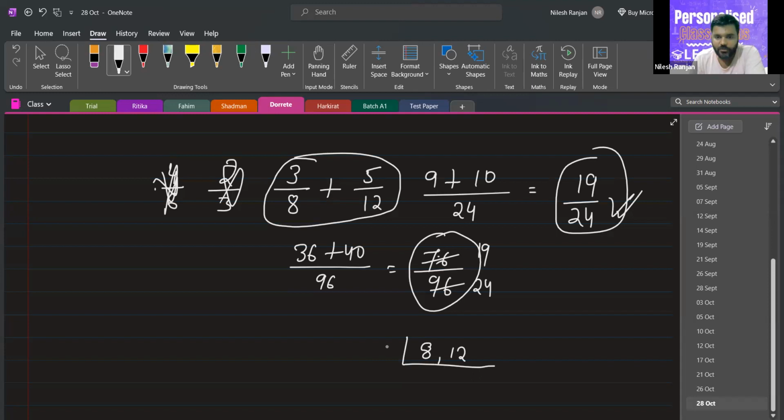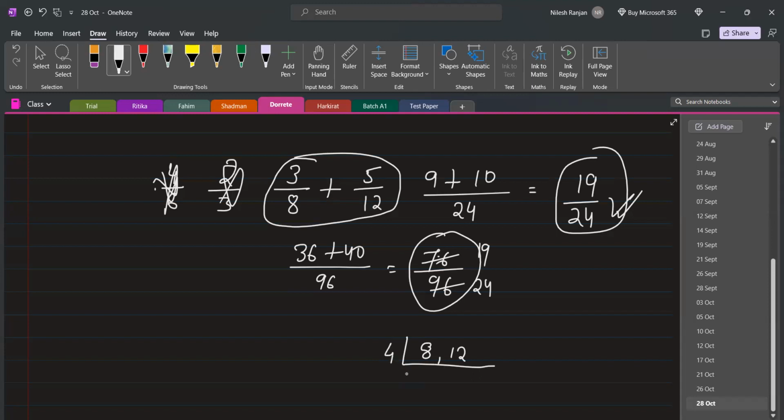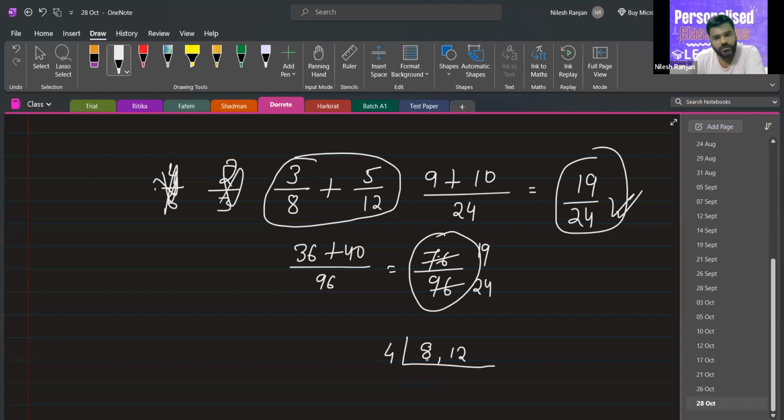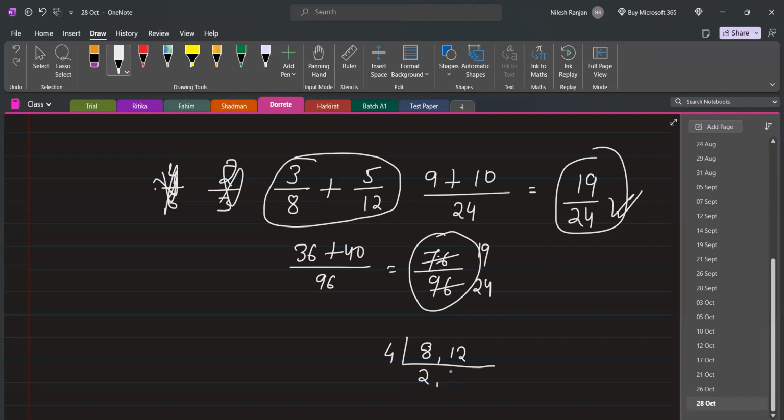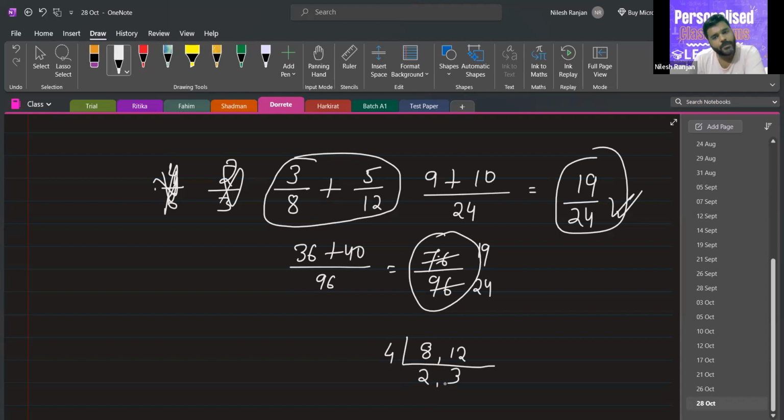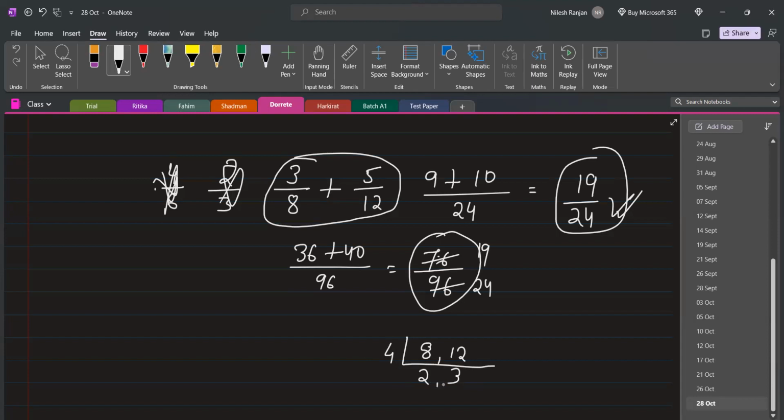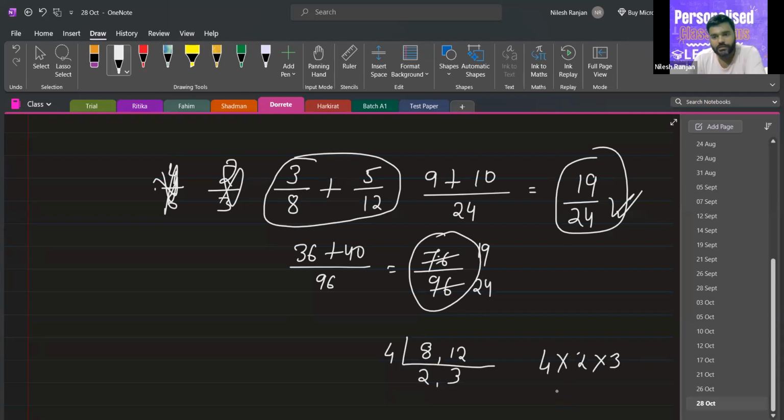So it will be 2, then 4, 2, 2, and 3. Now you cannot do anything because there is no common number you can use. So it will be 4 into 2 into 3, 24.